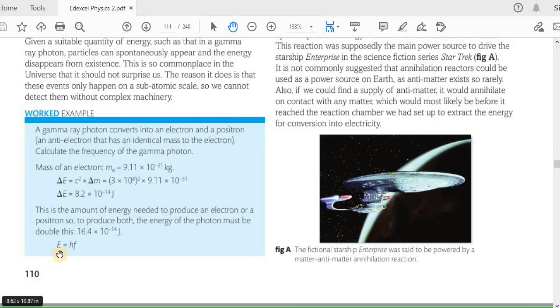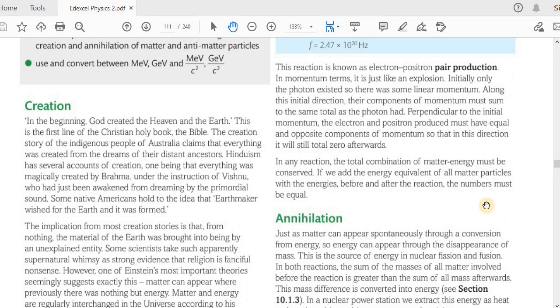Now once we have this, we can use the equation E = hf. You would also have seen E = hc/λ, because v = fλ or c = fλ, so f is equal to c over λ.